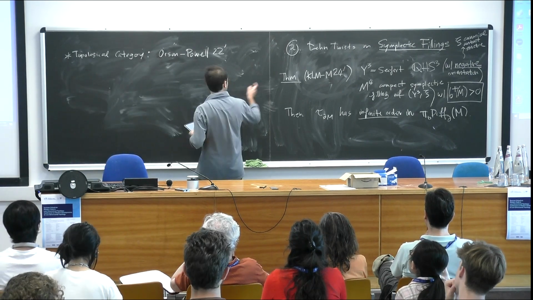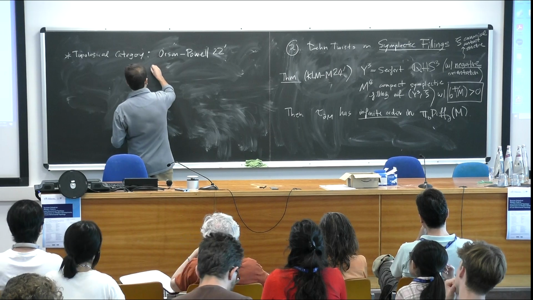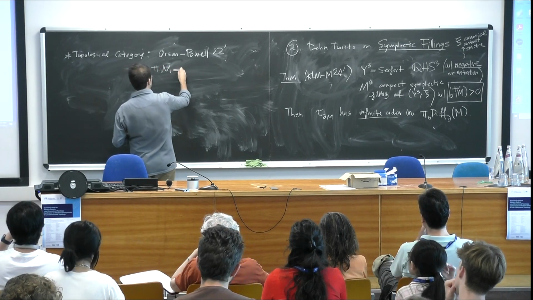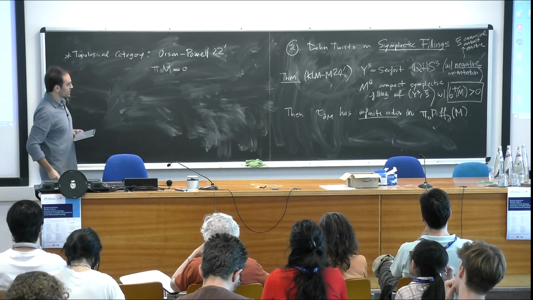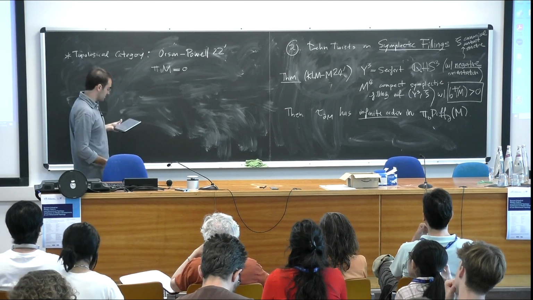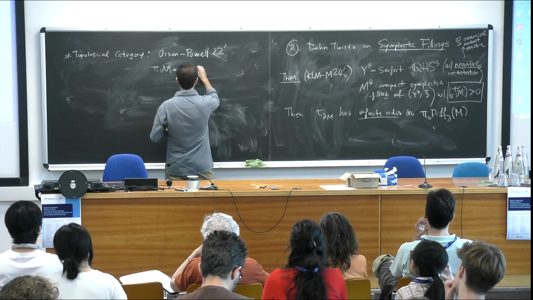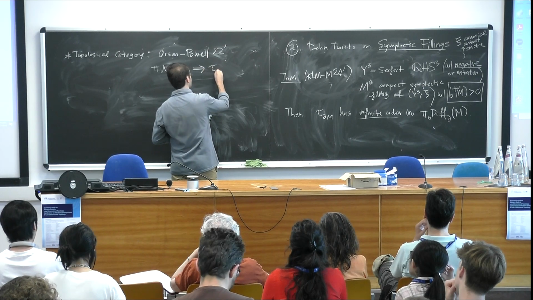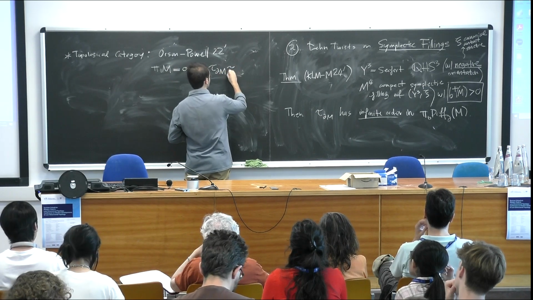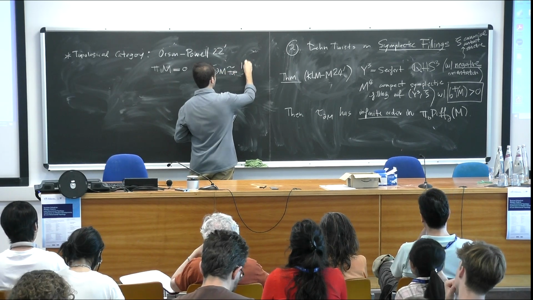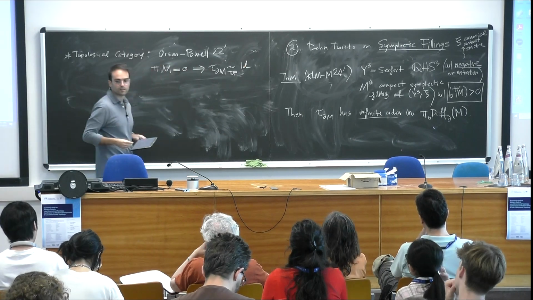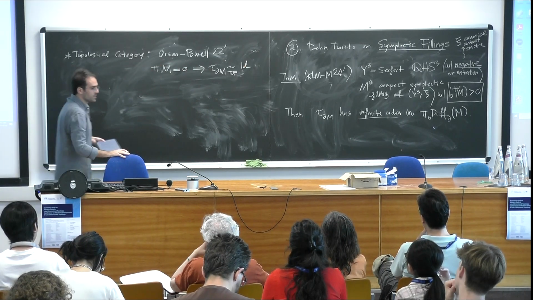So for instance, in this situation, if you furthermore assume that the 4-manifold M is simply connected, then you can conclude that the boundary Dehn twist is topologically isotopic to the identity. So it's trivial in the topological mapping class group.